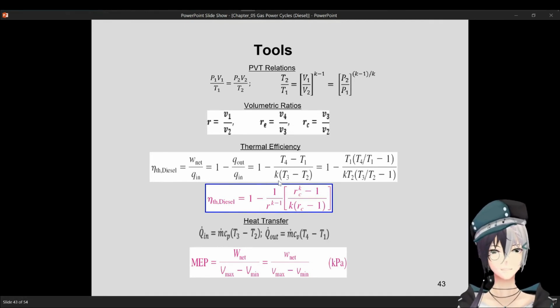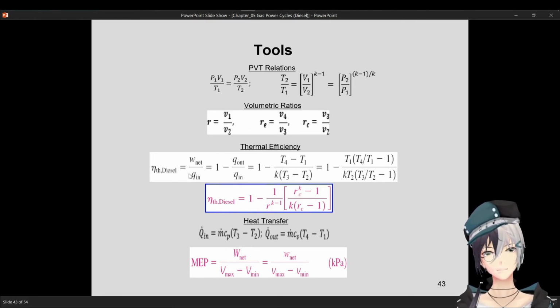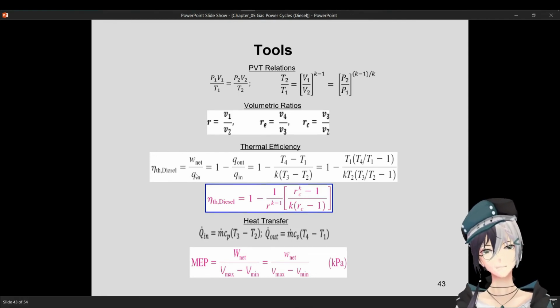Thermal efficiency is expressed like this in terms of r and r sub c. Going back to the original equation, the thermal efficiency is work net over Q in. Work net is given as 250. I already solved thermal efficiency using this one, so I will now solve for Q in.